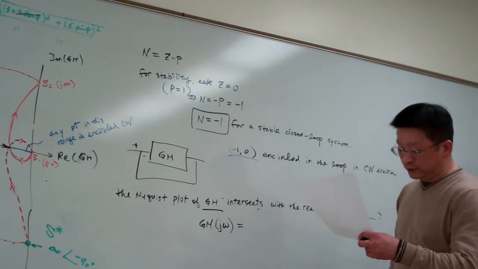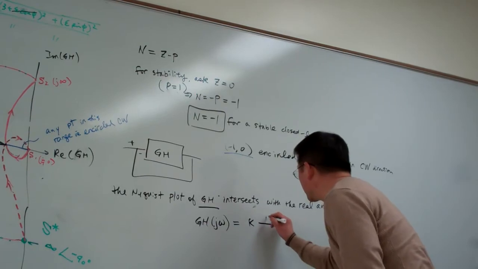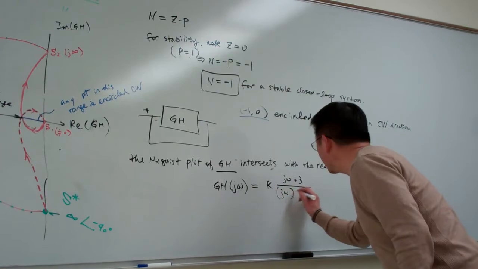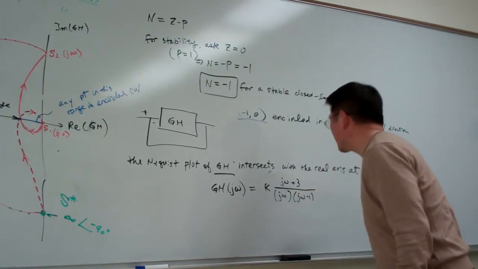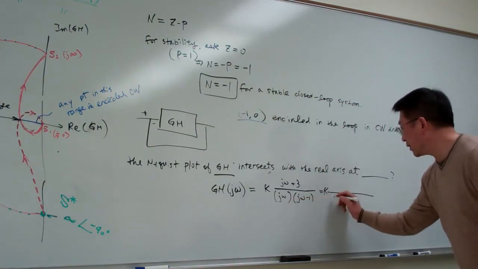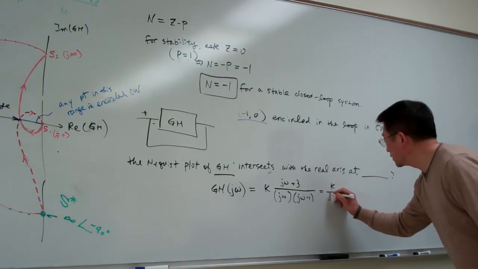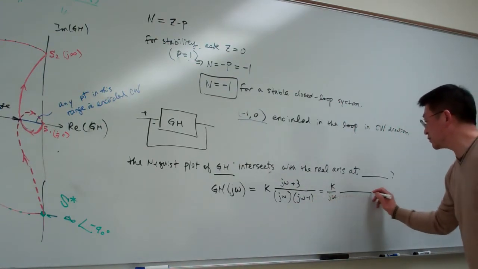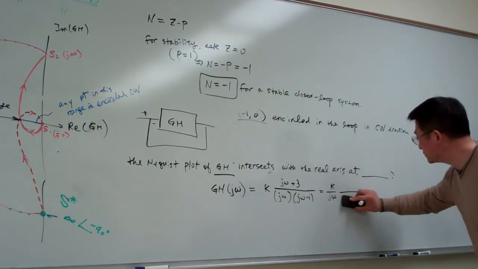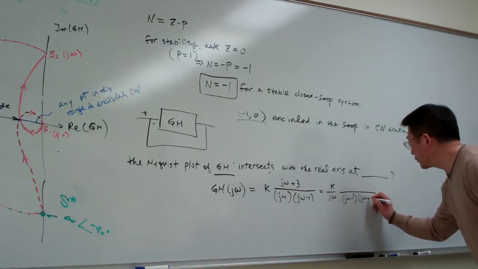So GH will be equal to K times j omega minus 1 over j omega plus 3 and j omega plus 1. Let me simplify this one. So basically here this is K times j omega, and this is 1 minus omega squared, j omega minus 1 and j omega plus 1.